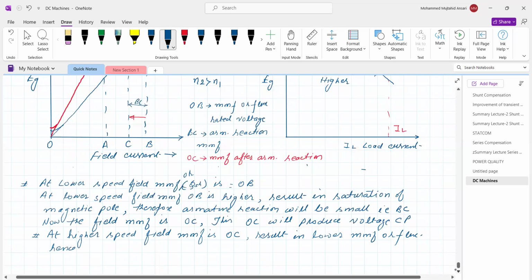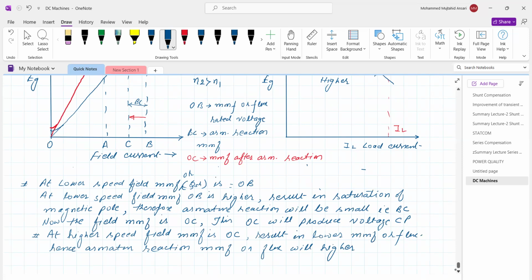Hence, the armature reaction MMF or flux will be higher. Why is it higher? Because the field flux is already weakened, it is small.